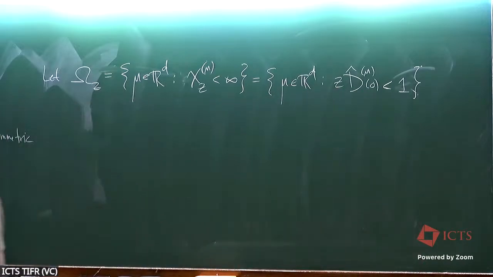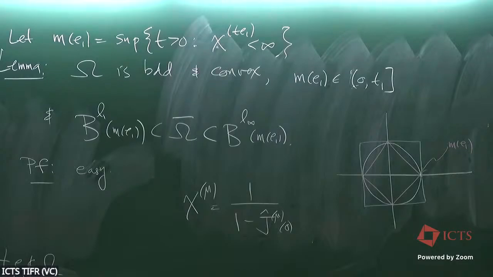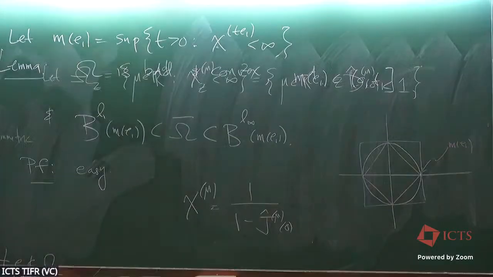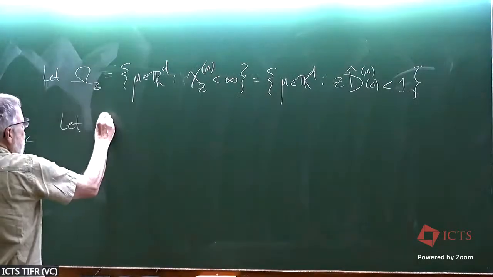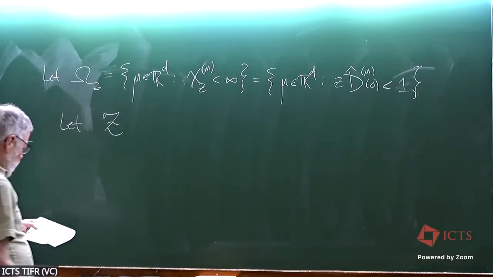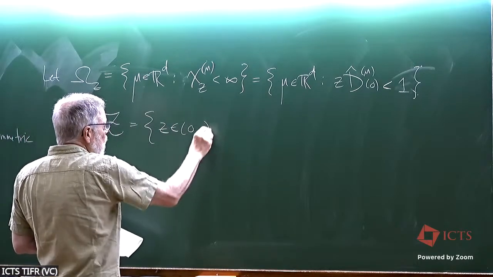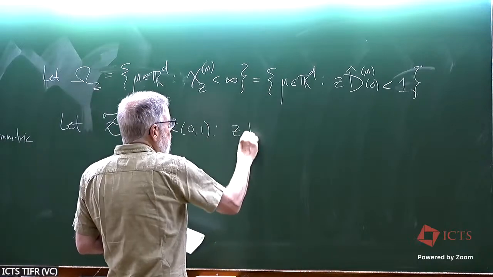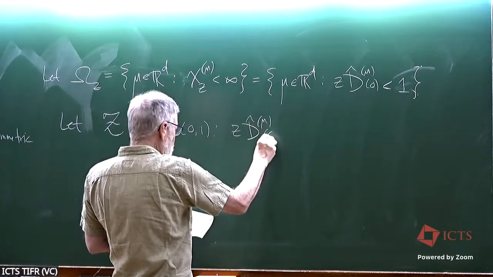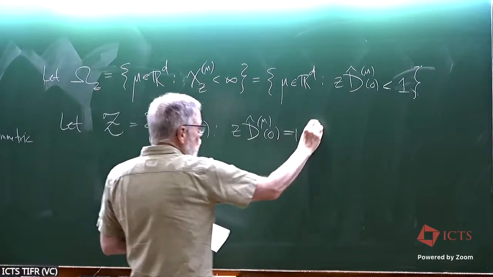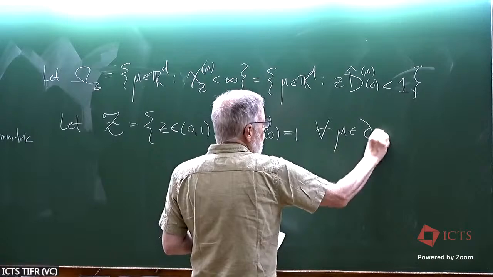Okay, I think we had an equation somewhere over here that was in response to a previous question. It's this equation here. The J is just z times D. Now let's define a set, script Z, to be the set of all z in (0, 1] such that z times D hat mu of 0 is equal to 1 for all mu in the boundary of omega.